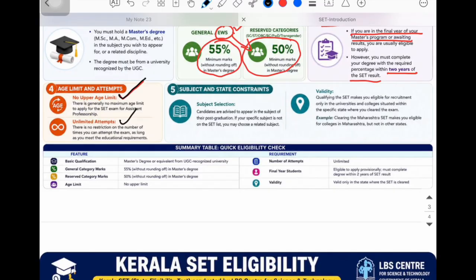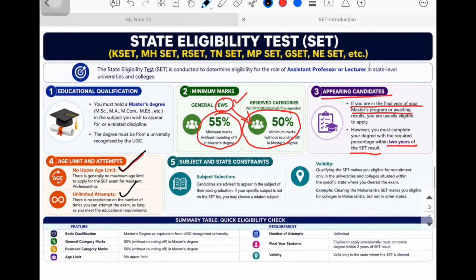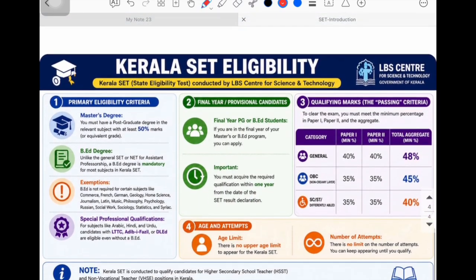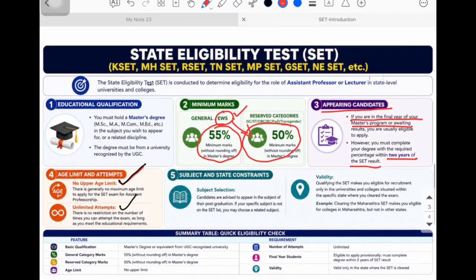One more thing: why are you writing the state eligibility test? First, before that, I will explain the qualification for Kerala also. Let me explain this first.